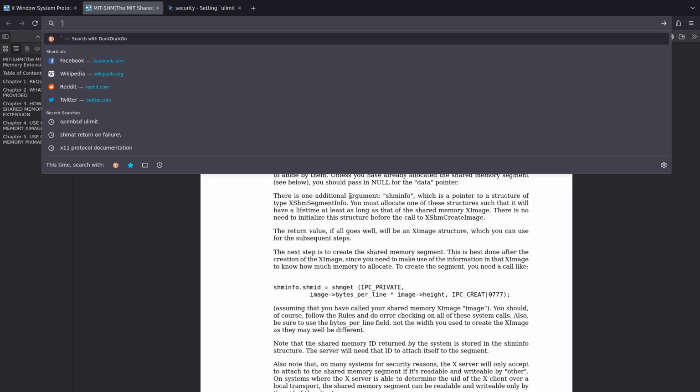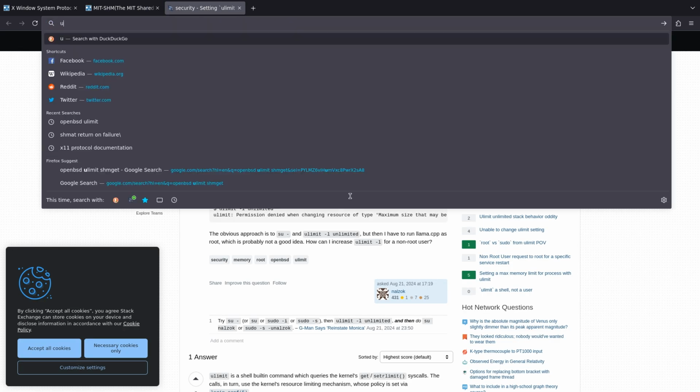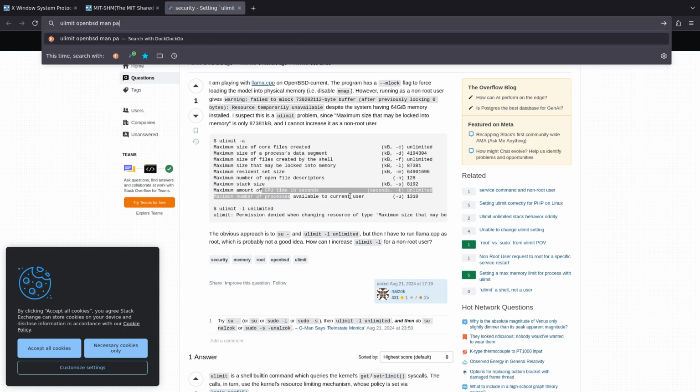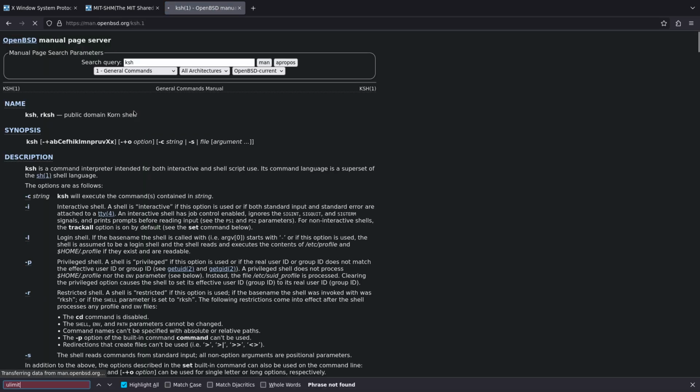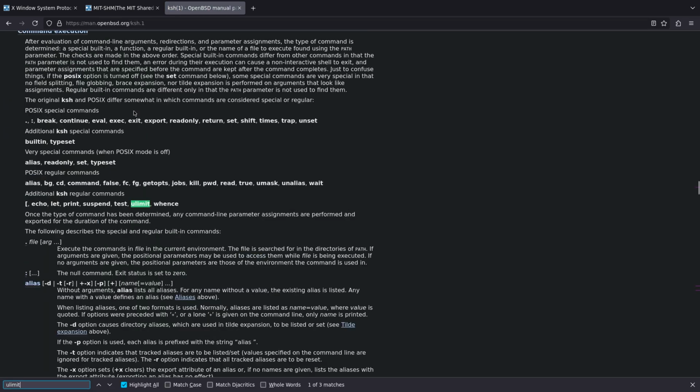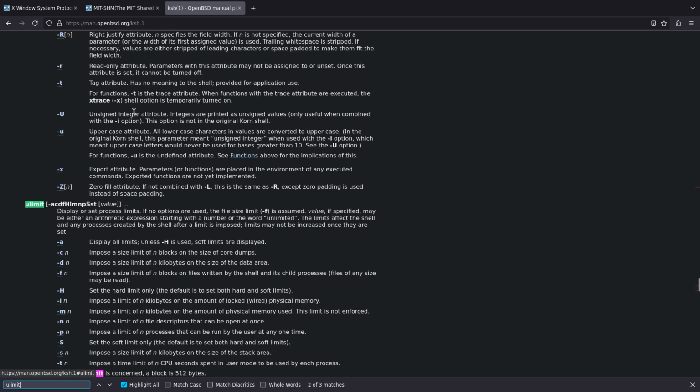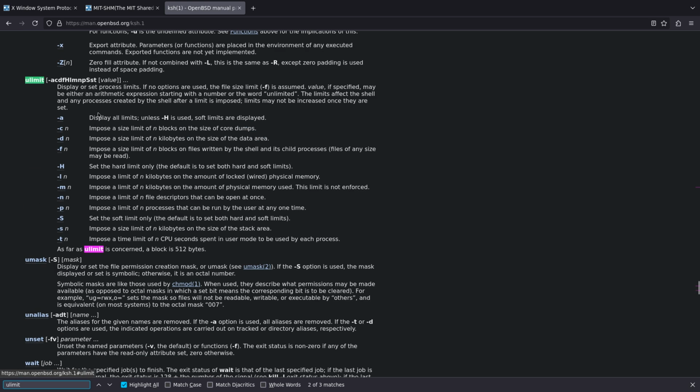Why is there not a man page for ulimit? It's here. It's not here. Oh, it might be. Oh, this is in kilobytes?